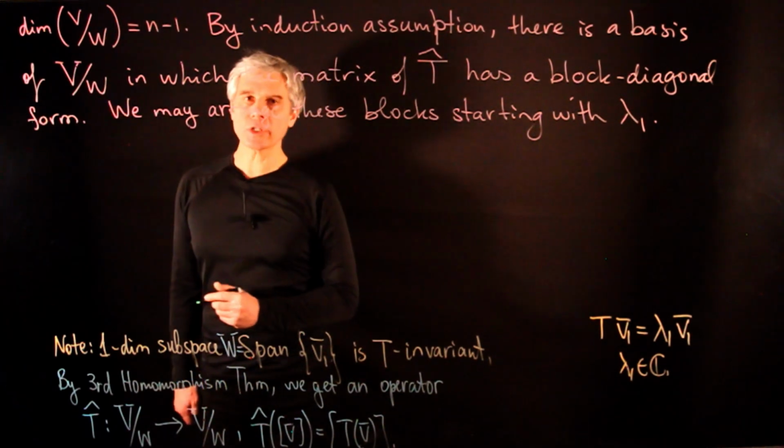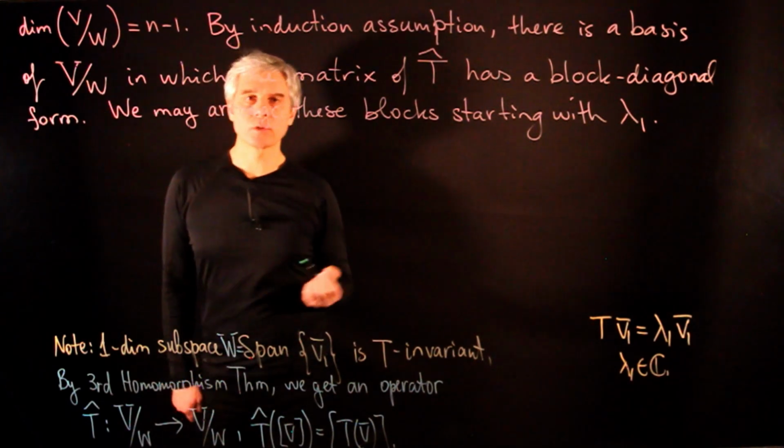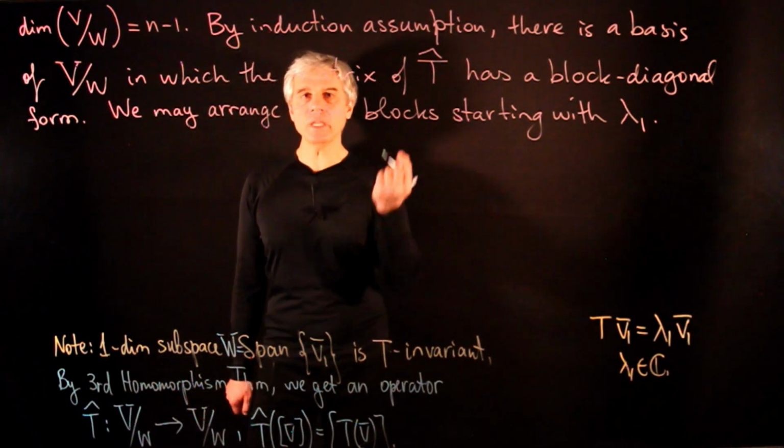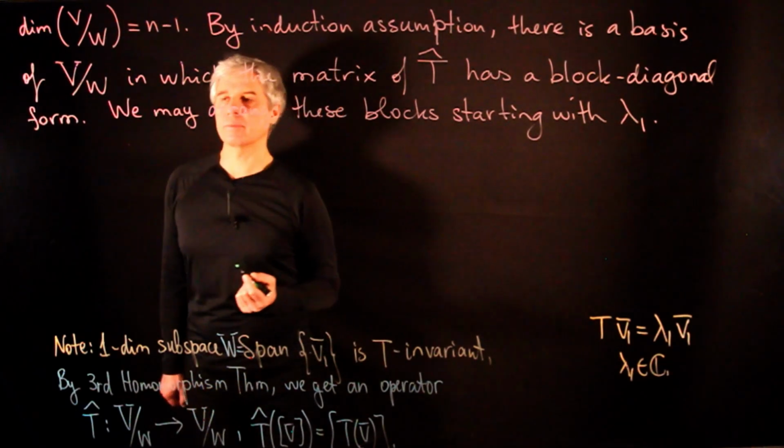Basis vectors in the quotient space are equivalence classes of vectors from V. So we can lift these vectors to V by fixing representatives in these equivalence classes.